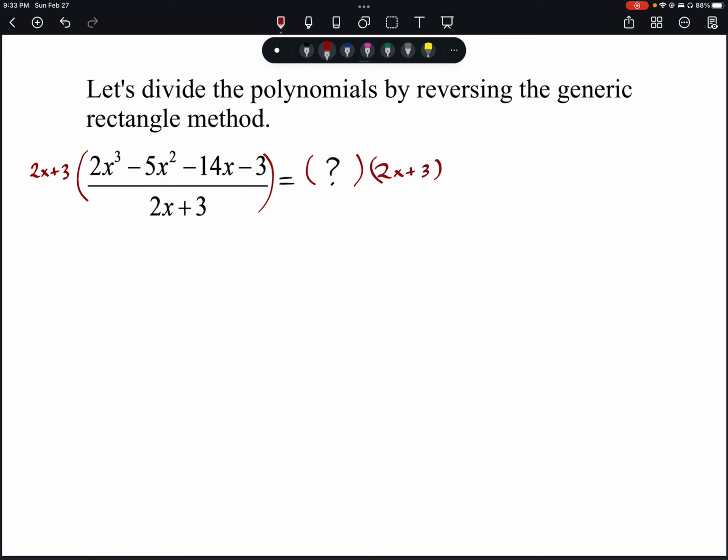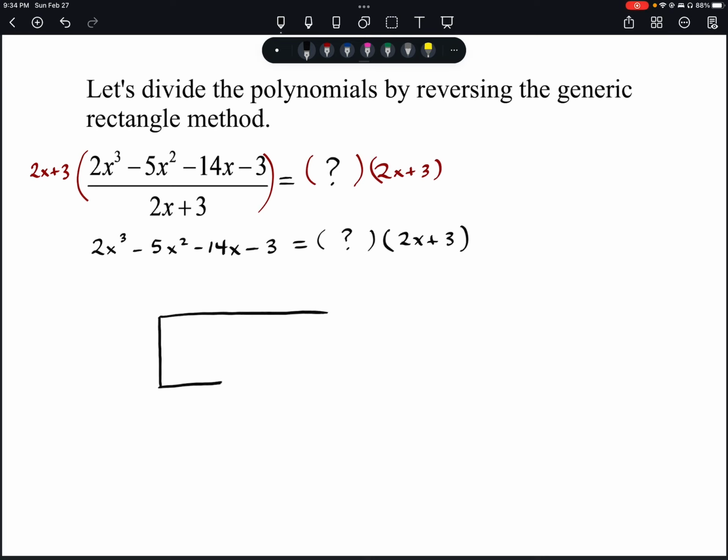We're going to think of this as we've got 2x to the third minus 5x squared minus 14x minus 3 is the product of something that we don't know times the quantity of 2x plus 3. Okay, so we knew that came from a generic rectangle originally, so let's set that generic rectangle back up, right? Since we know our 2x plus 3 is a binomial, we'll know that the dimensions on the left side were originally 2x plus 3.